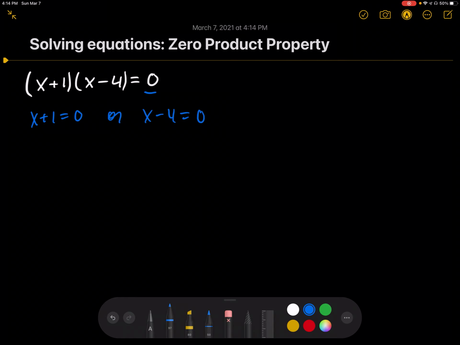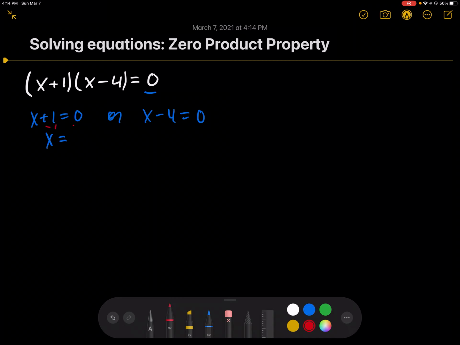So basically, since 0 times 0 equals 0, we're setting both binomials, the x plus 1 and the x minus 4, equal to 0. From there, we can just solve for x on both sides. I'm just going to show you real quick.